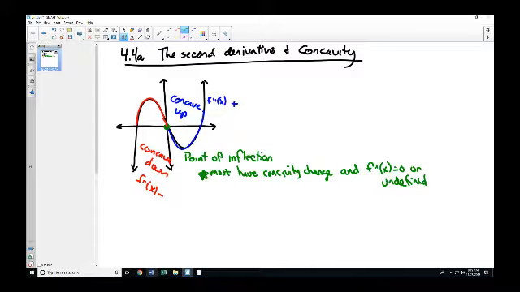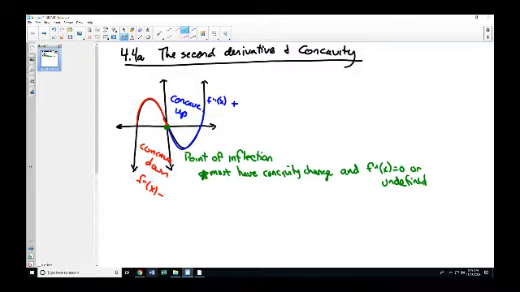If you're at the end of the derivative, can there be a point of inflection with the second derivative?